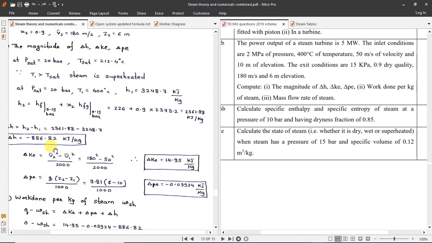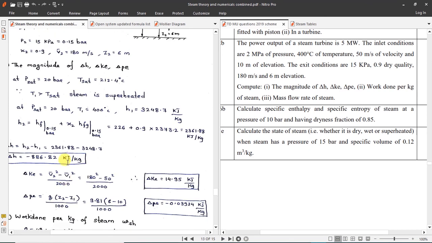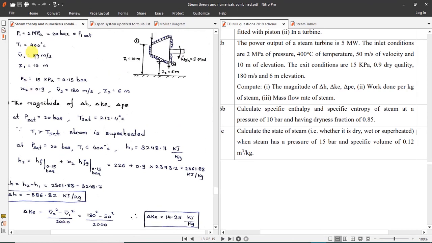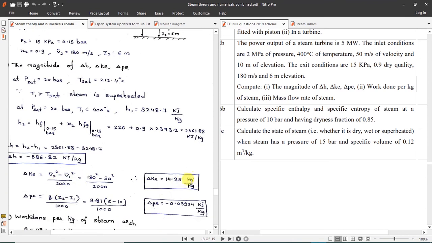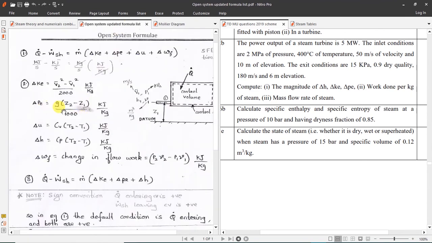So v bar 2 squared minus v bar 1 squared upon 2000. All the velocities are given for both points. v1 is 50 and v2 is 180. So you will get the change in kinetic energy in kilojoule per kg. Now the change in potential energy will be, again we had seen this formula, g times z2 minus z1 upon 1000.